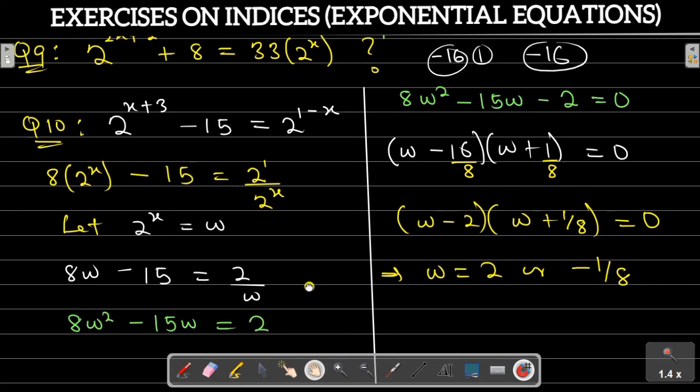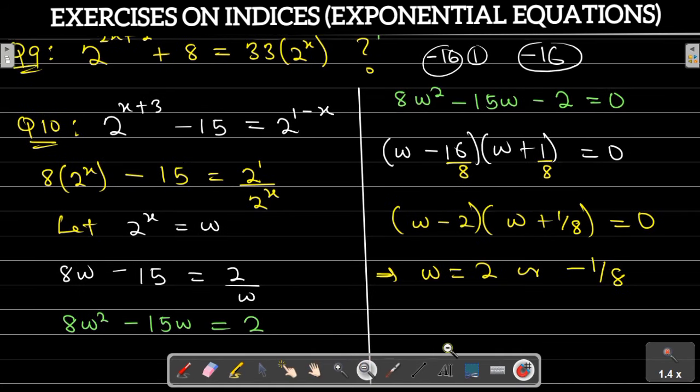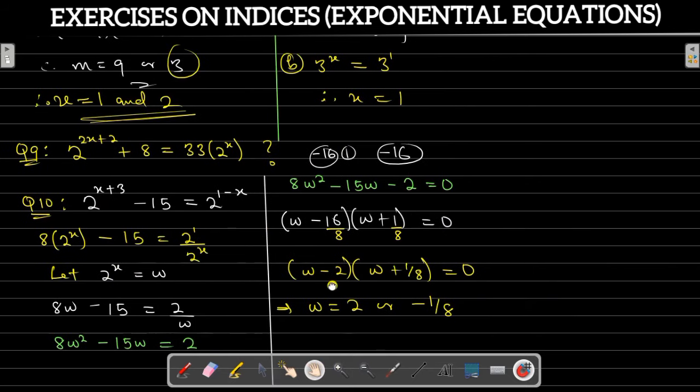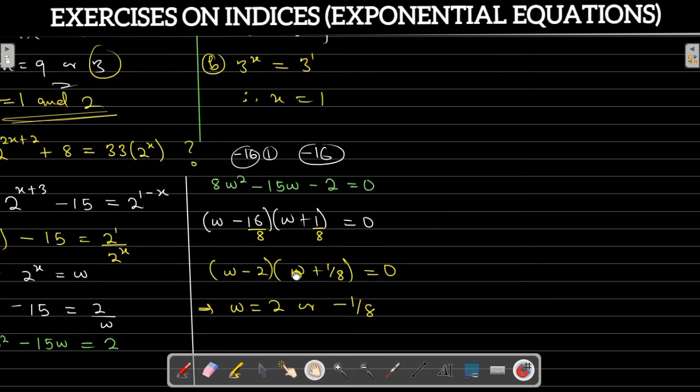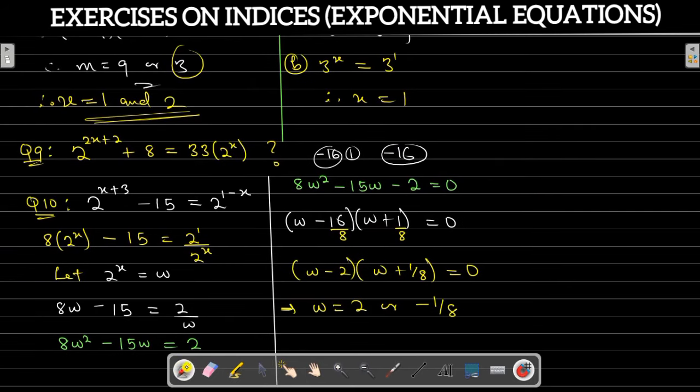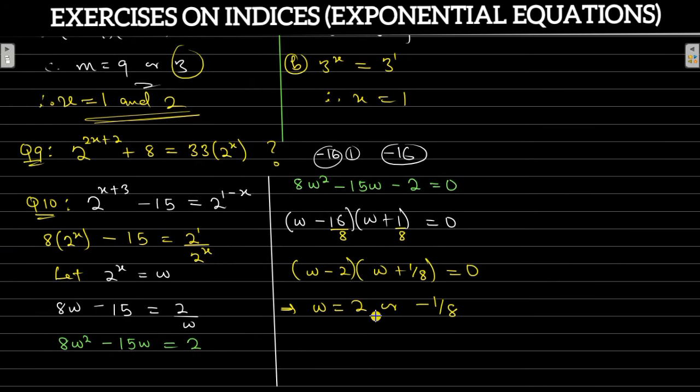Like I said earlier on, my board is finished, so let me reduce it a little bit so as to finish the solution here. Like I said in the previous exercise, your w cannot be negative, because it is equal to a number in power.